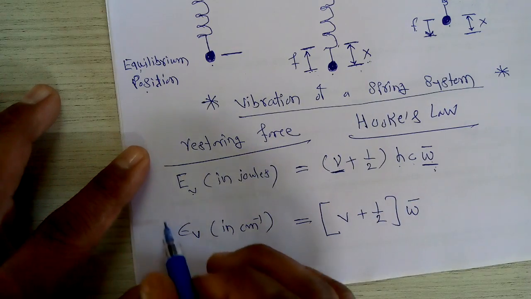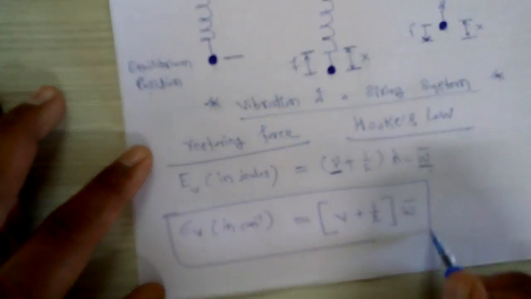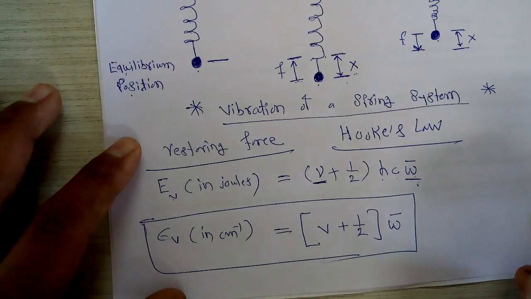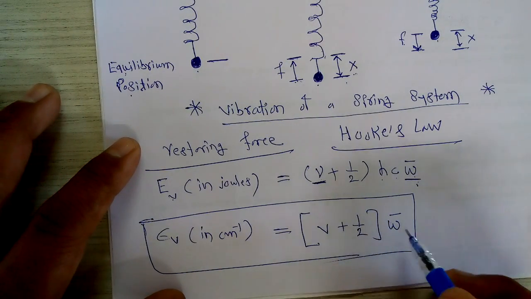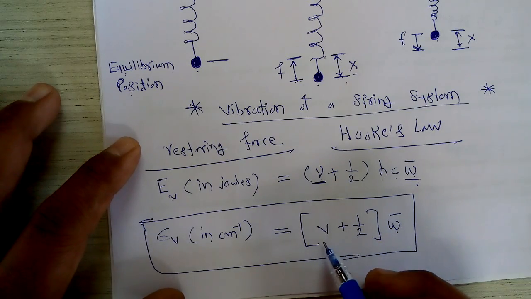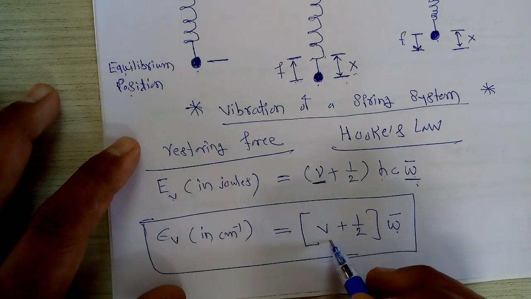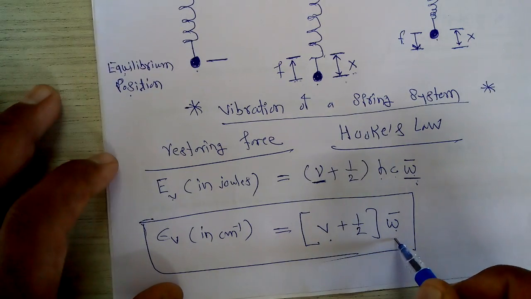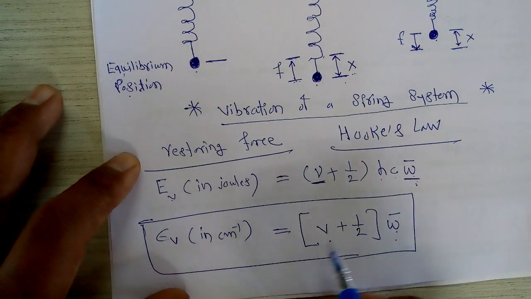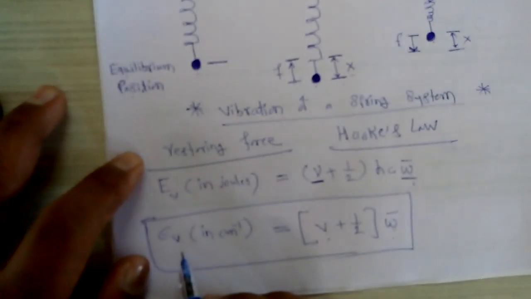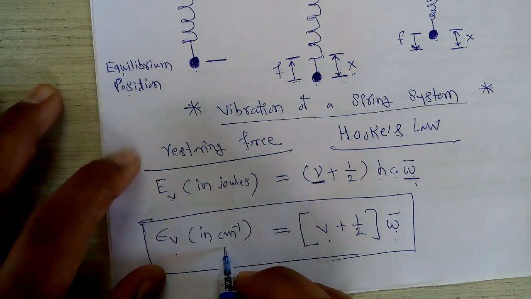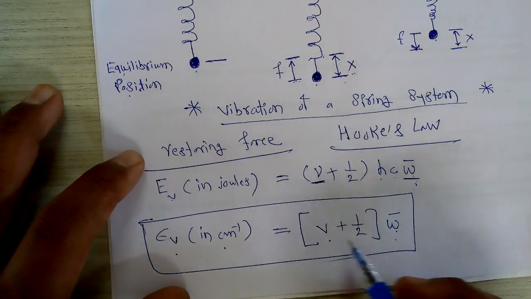So this is the equation to calculate the vibrational energy of a simple harmonic oscillator in per centimeter, where v is again the vibrational quantum number and omega bar is the fundamental vibrational frequency. By using this simple equation, we may calculate the vibrational energy of a diatomic molecule in per centimeter at different values of the vibrational quantum number.